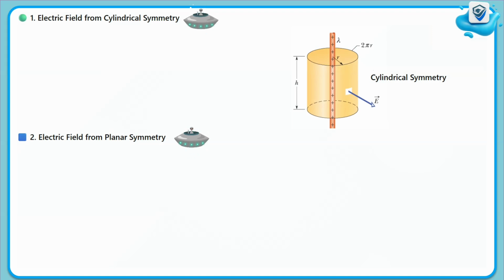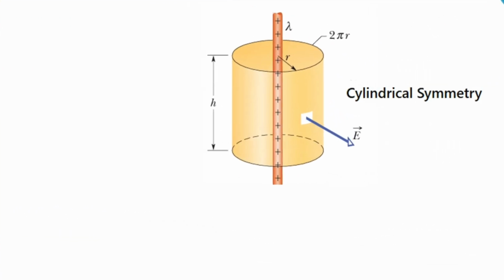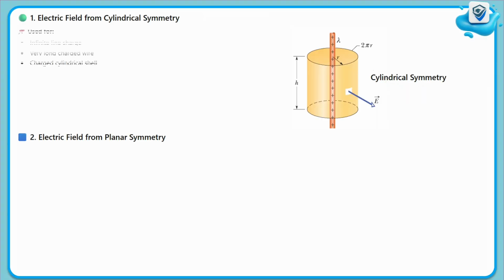Now let's look at two more very important applications of Gauss's law. The first one is cylindrical symmetry. If you look at the picture, the Gaussian surface is a cylinder surrounding a very long charged wire. Because of the symmetry, the electric field points only in the radial direction, and its magnitude is the same everywhere on the curved surface.